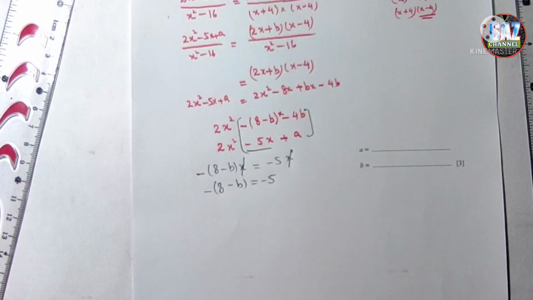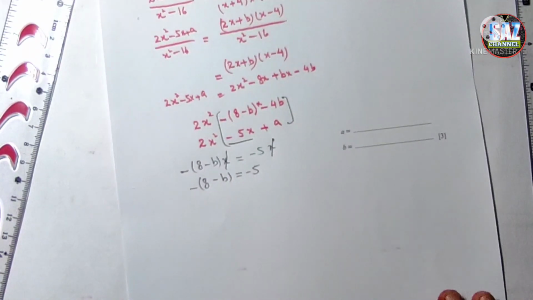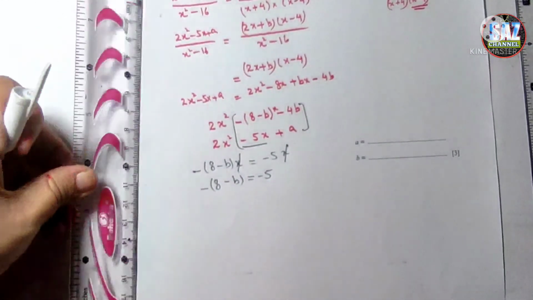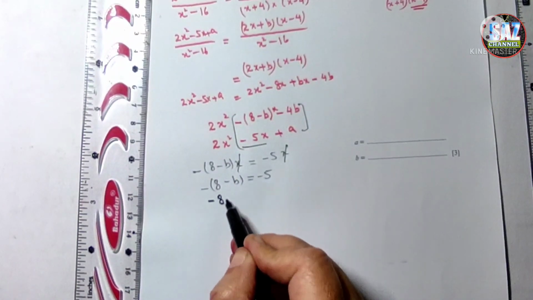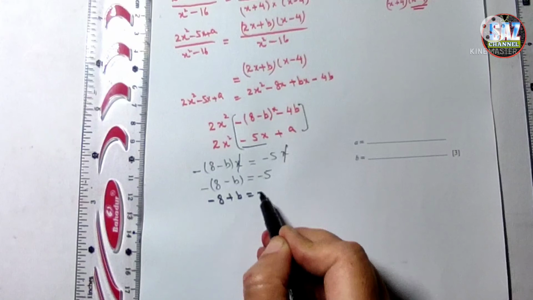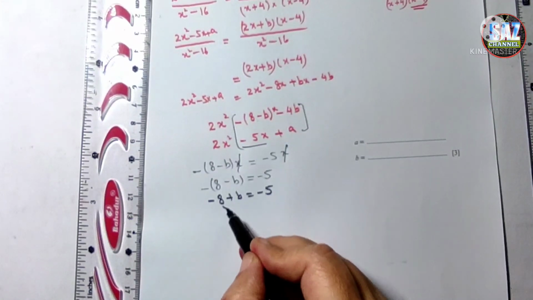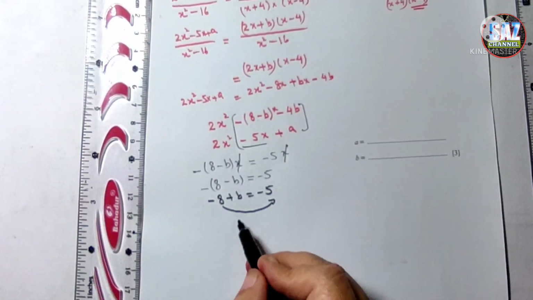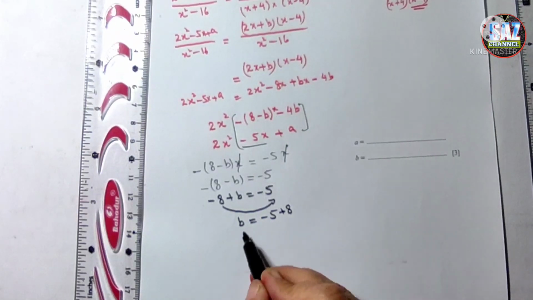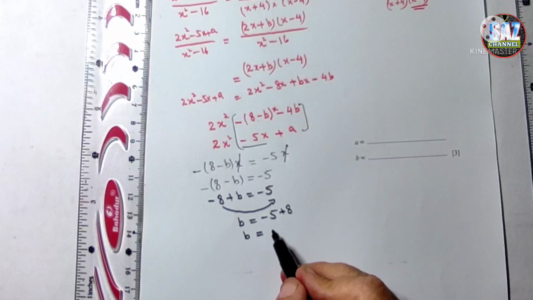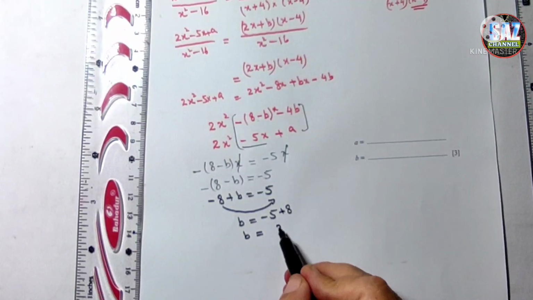Let me keep the ruler here because the page is sliding again. Shift 8 to the other side, and it will take the form b equals minus 5 plus 8, and b equals 3.